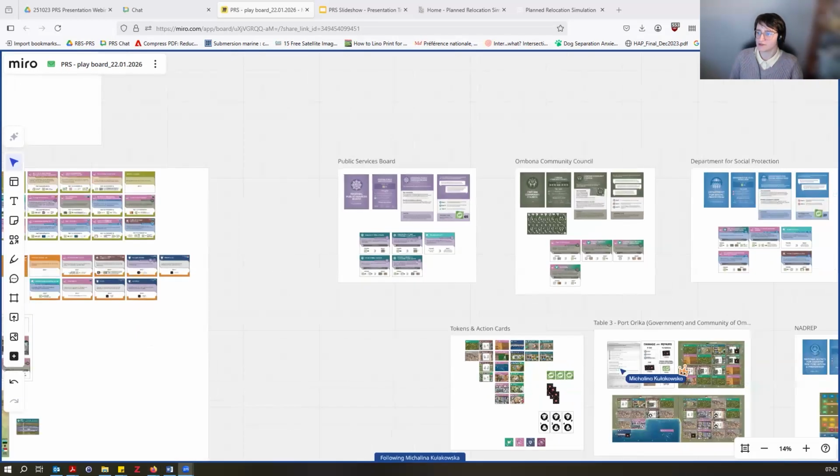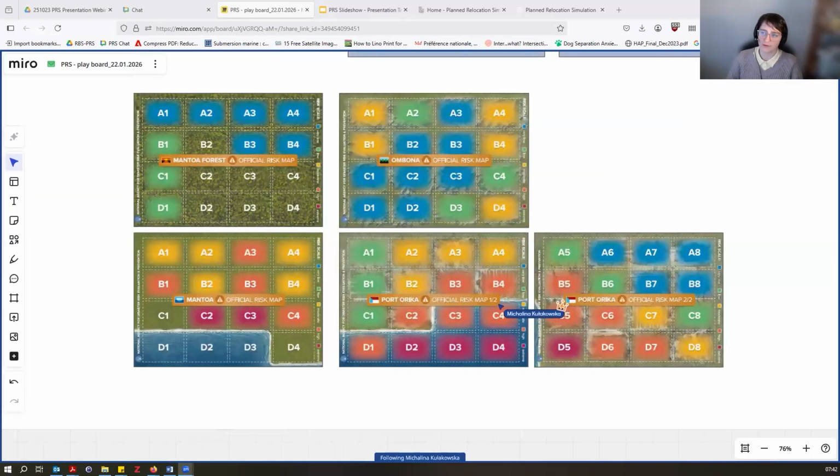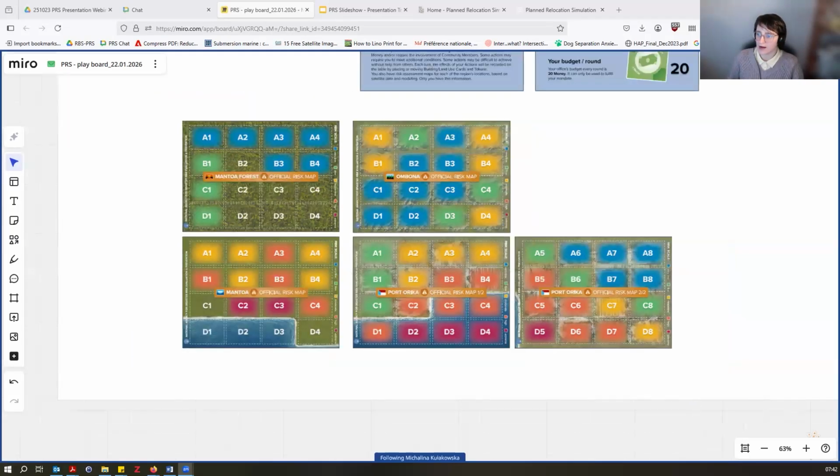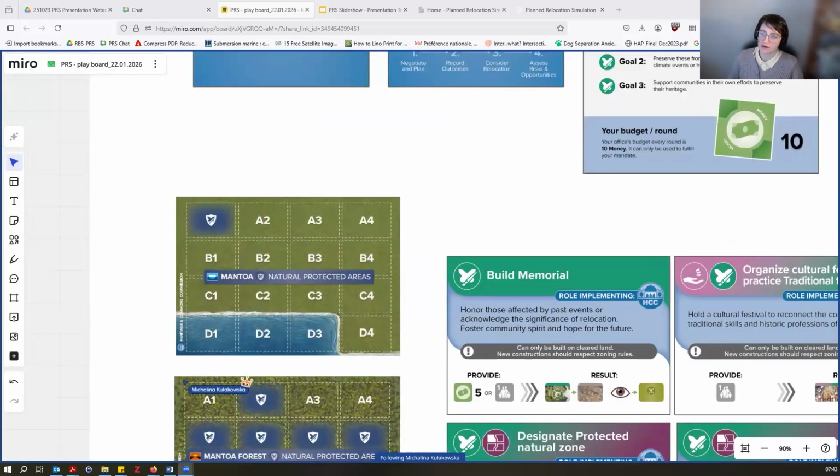We also have some roles that receive some additional information in the form of maps that can represent different elements within the narration of the simulation. One, for example, being the risk maps that showcase which of the places in different regions are under risk of extreme events. And then also some maps that represent the natural protected areas.